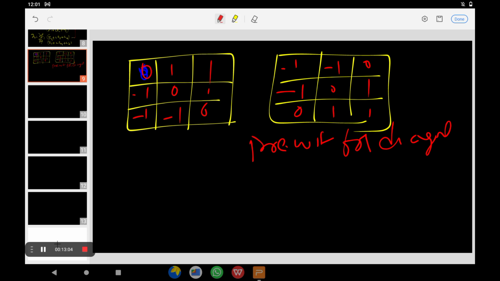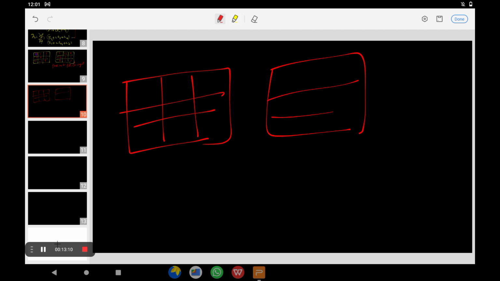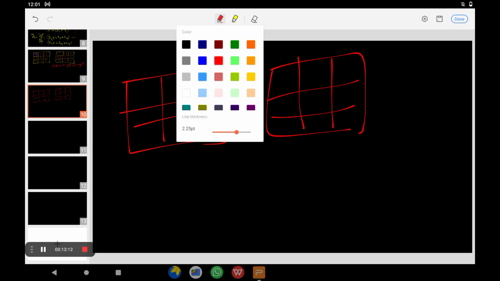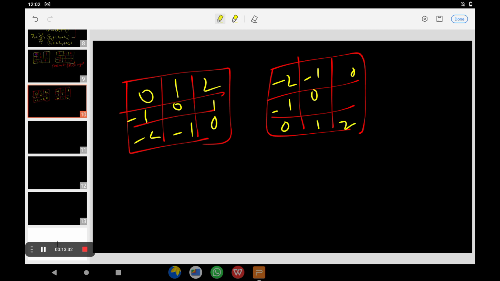At the same time, the Sobel filter is also available for detecting the diagonal elements. It is also a 3x2 matrix consisting of different values like the Prewitt filter: 0, 0, 0, 1, 2, 1, minus 1, minus 2, minus 1, for one direction. And minus 2, minus 1, 0, 0, 0, minus 1, 1, 2, 1.